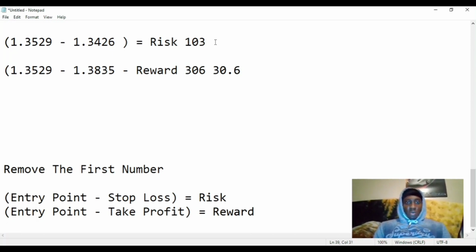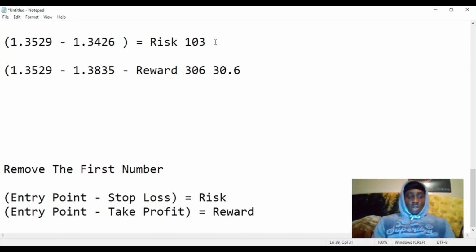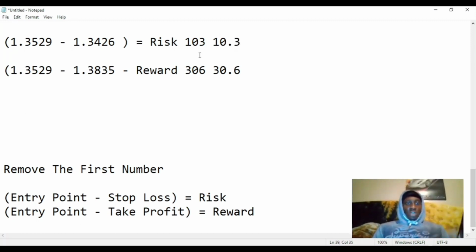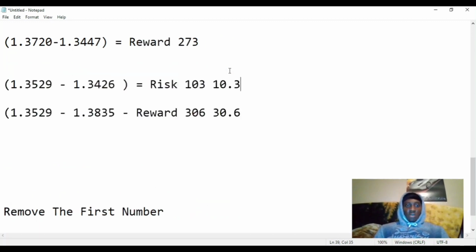The risk would be, I'm just going to type in a number for time reasons, but you do the same exact thing, $10.30, right?